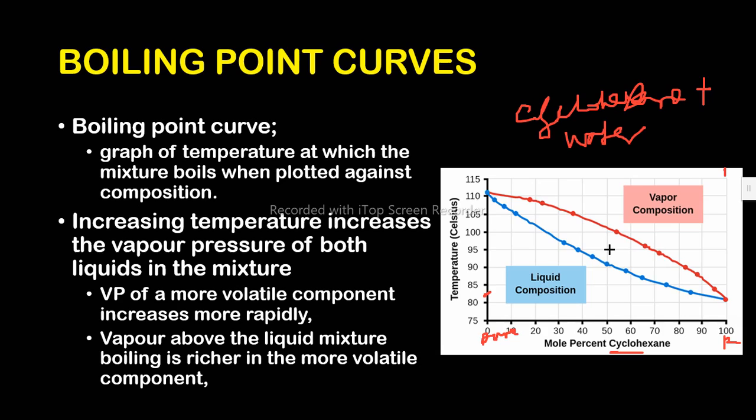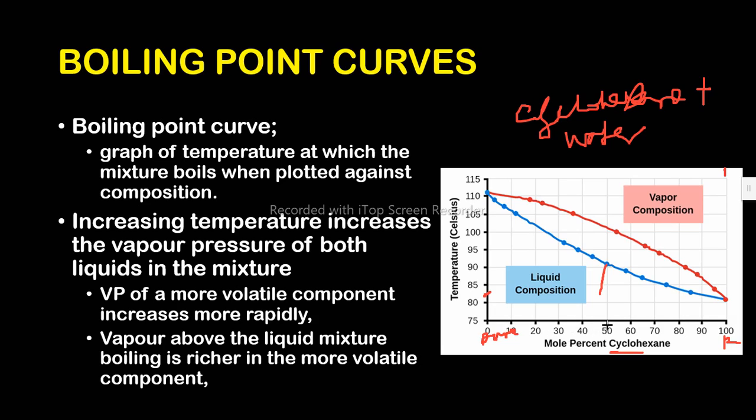So if we plot, then this is going to be the curve, whereby this one is going to be the boiling point of the liquid, and then this will be the vapor composition. So this is how the vapor composition of this liquid mixture is going to vary as you vary the percentage compositions.